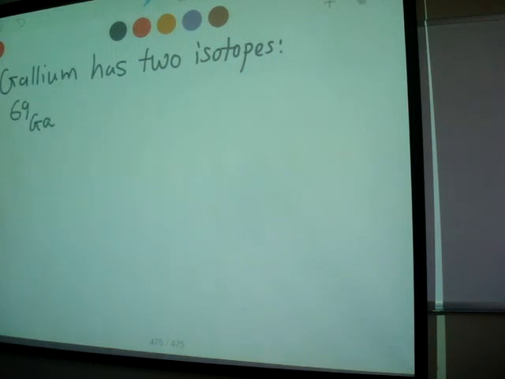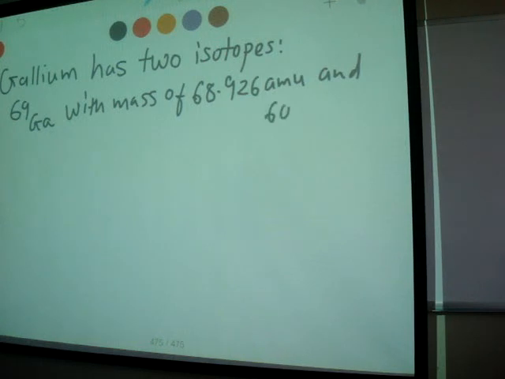The first, 69Ga, with mass of 68.926 AMU and 60.11% in abundance. That's the first, 69Ga.